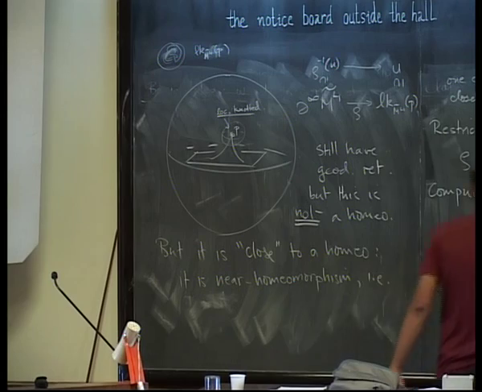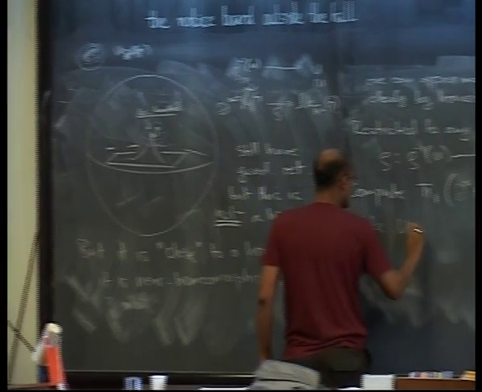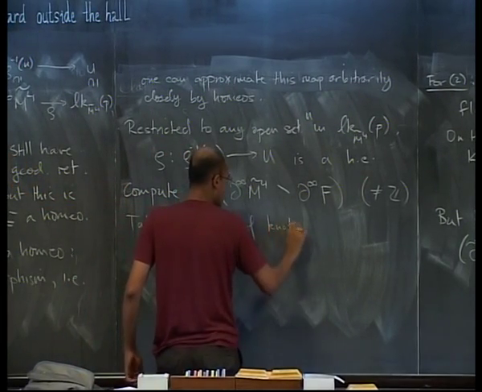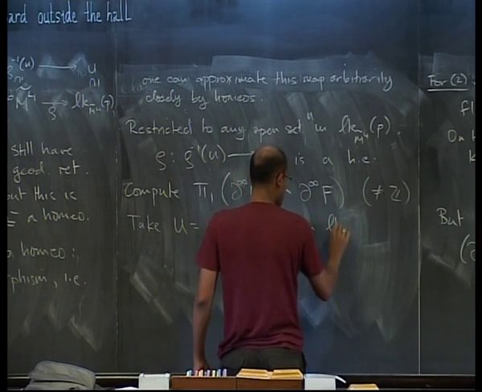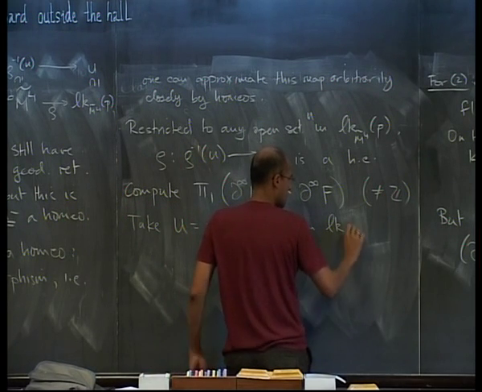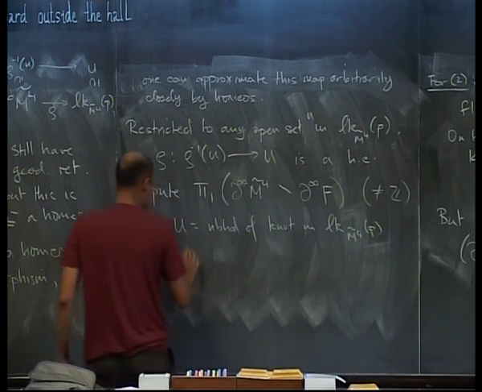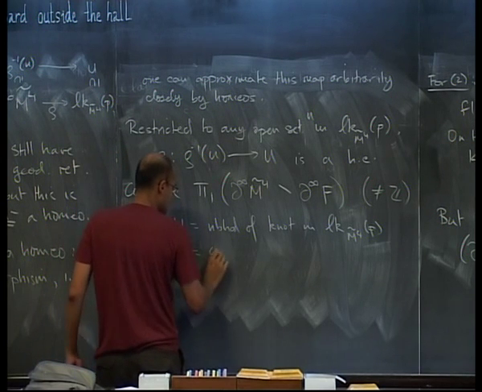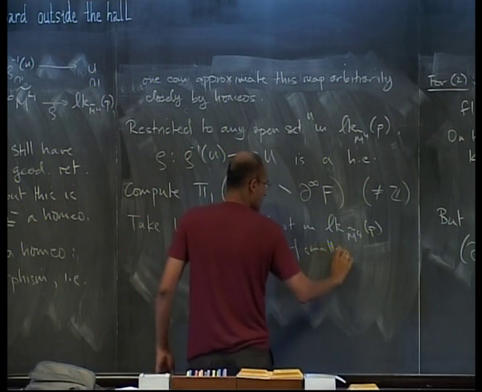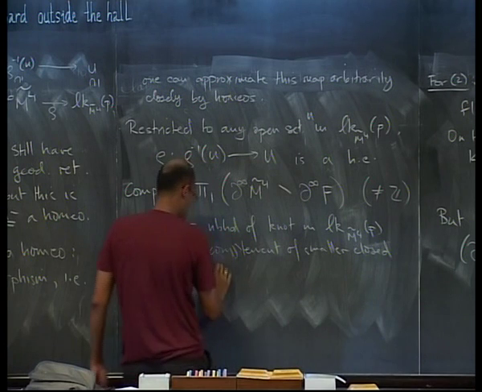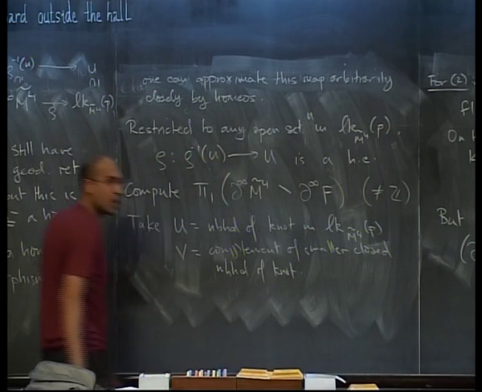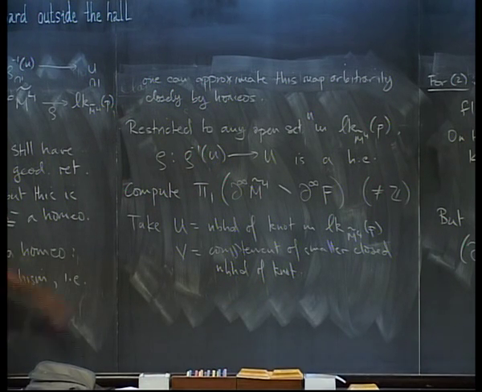Take U equals a neighborhood of the knot in the link in the local picture, link of M4 tilde at P. And then V is, again, the complement of a smaller closed neighborhood of the knot.